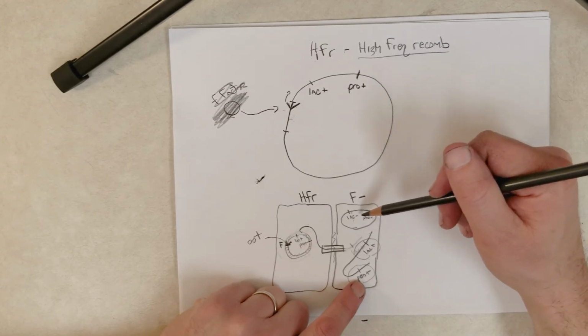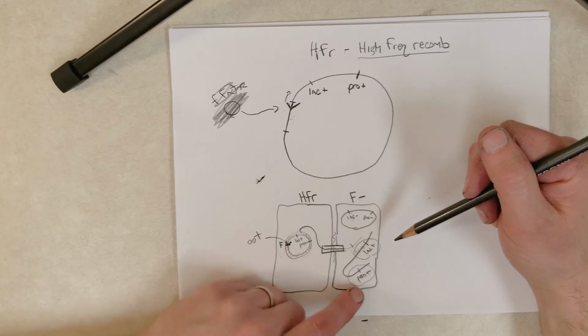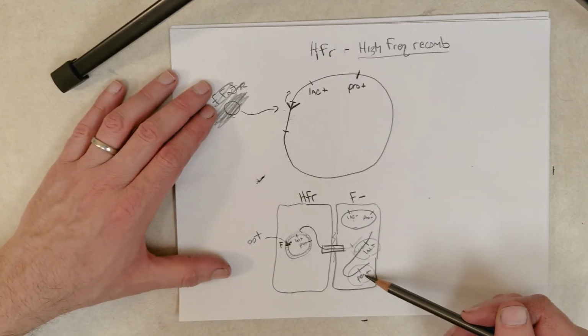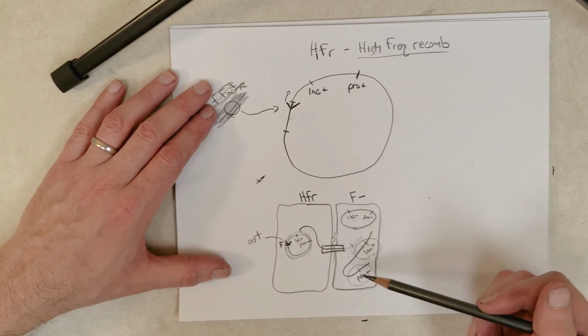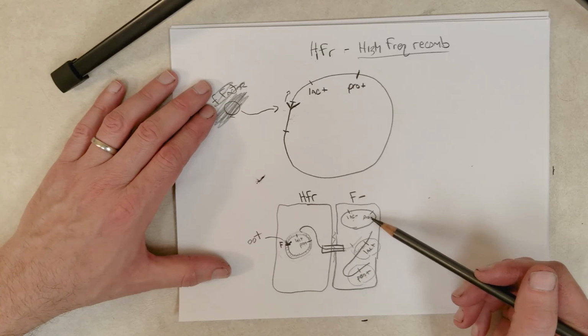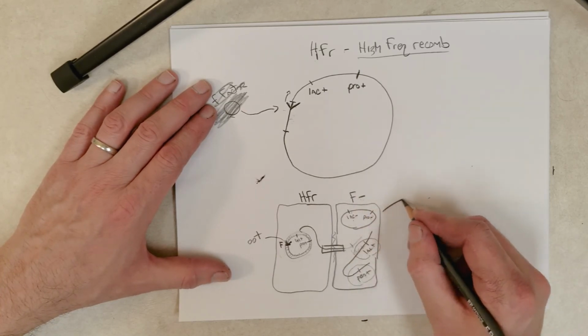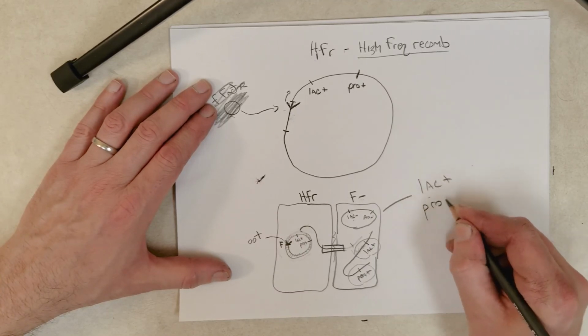And we'll talk more about the molecular mechanism of how this happens in future lectures. But just know, as long as a copy of lac plus gets in and pro plus gets in, there's an ability of lac plus to change places with lac minus and pro plus to change places with pro minus in such a way that this F- strain can now be lac plus and pro plus.